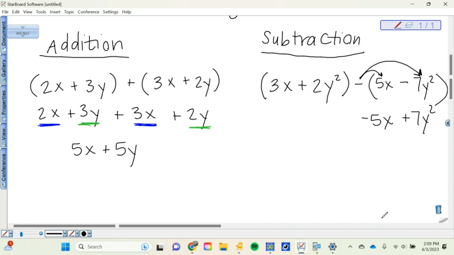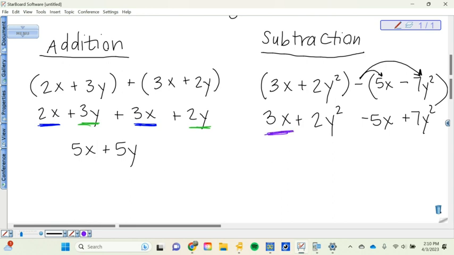No. Leave it exactly as it is. 3x plus 2y squared minus 5x plus 7y squared. Now what do I do? Subtract. Find the common terms, right?